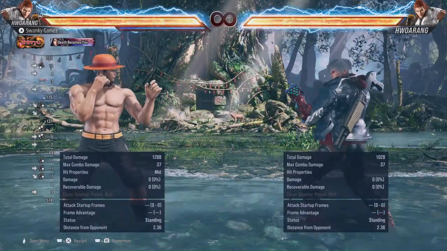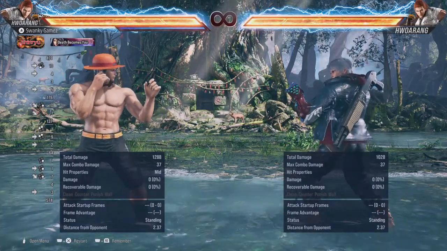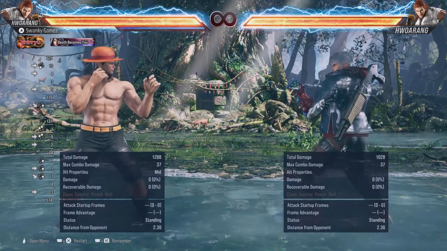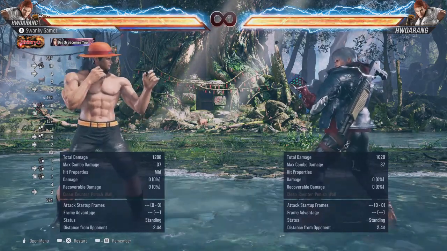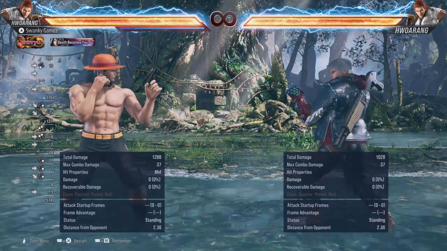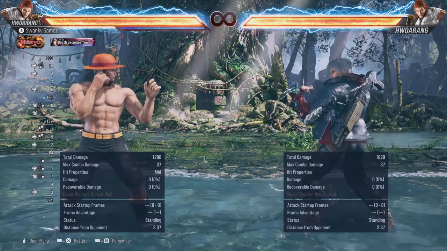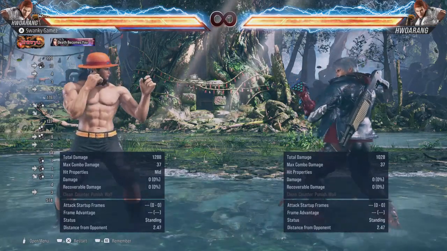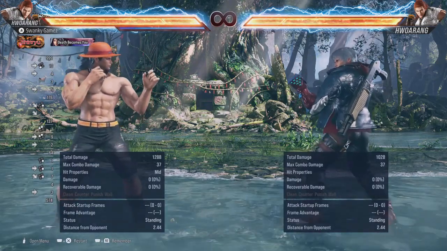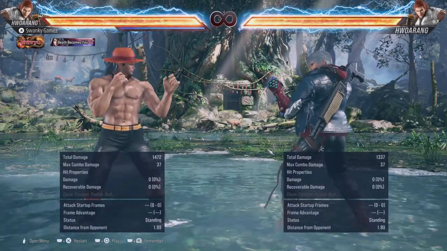These are moves that would be worth throwing out that are completely not punishable. And so when it comes to your character, if you're not a Hwoarang main, you would want to try to find moves that are like that, where you get some kind of reward. Even just some small pokes are better sometimes than getting a huge reward, if you think you can get in your opponent's mind.